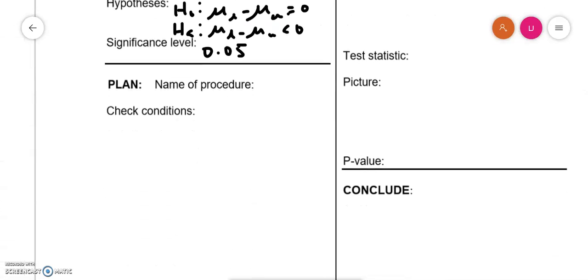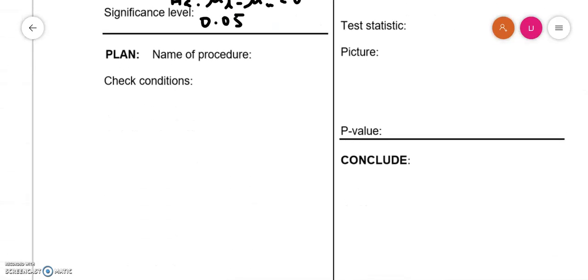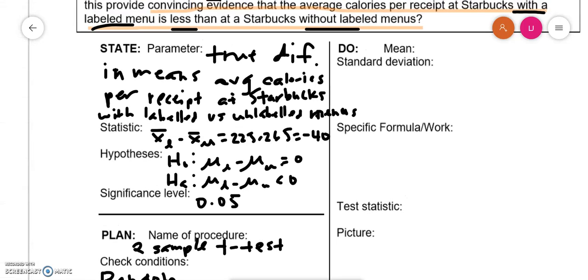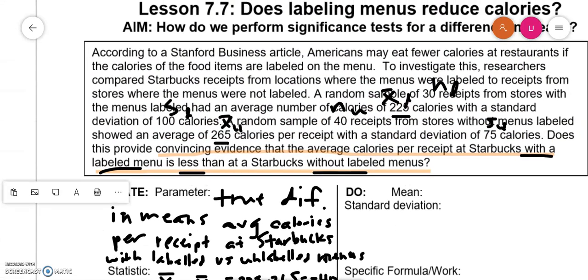All right, let's look at our plan. Name of the procedure: we had 2 samples in this one and we're taking the difference of the samples, so this is a 2-sample t-test. We've got our conditions. Random: was this a random sample or random assignment? Yes, it is a random sample, and we can see that right here.